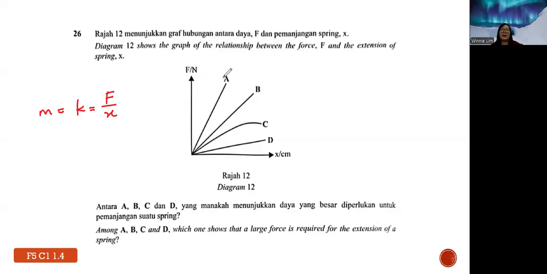Generally A is steeper, which means it's harder to extend. Or you can just draw a line across. For the same extension, D only needs that much force, C greater, B even greater, A is the highest. So the answer is A.